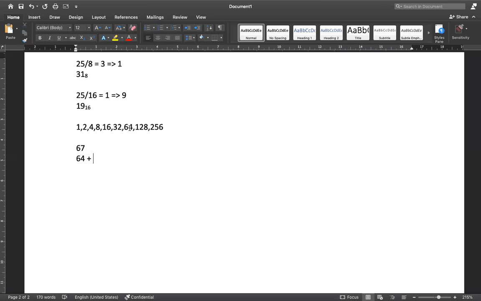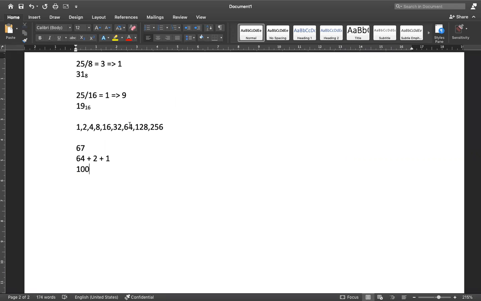So then you go here, and 2 is less than 3. Then you need 1. 1 is this one. Then 64 plus 2 plus 1. Then you write like this. So this should be the other way actually. 1 0 0 0 0 1 1.